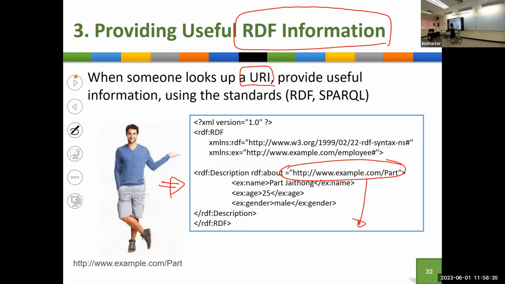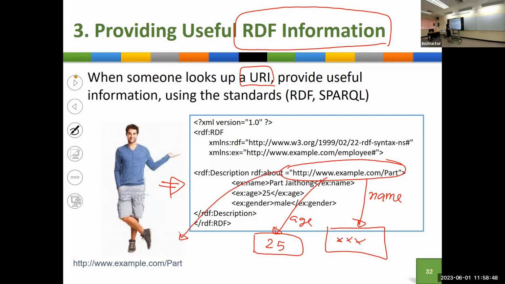This URI has a name, something. This URI has age 25. This URI has gender male. This is the way it is written here, and I draw it as an RDF graph. This is called an RDF graph, the graph that visualizes the resource description in a graphical notation.